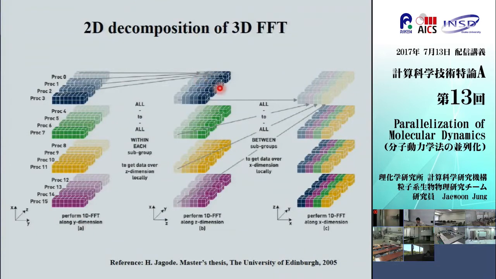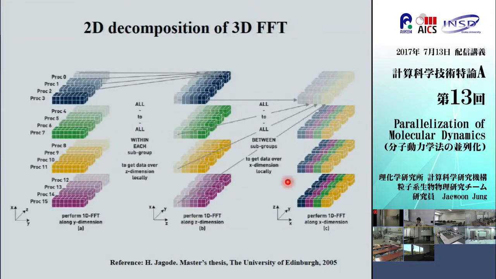Then each processor has the global data in the Z dimension. And you can perform FFT in the Z dimension. And after that, we again assign all-to-all communication among these 4 processors and these 4 processors. And we can find the global data in the X dimension. And you can perform FFT in the X dimension.